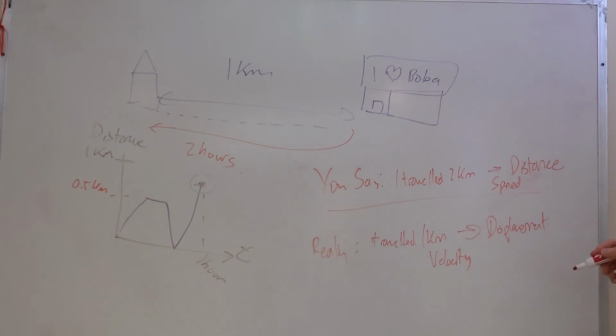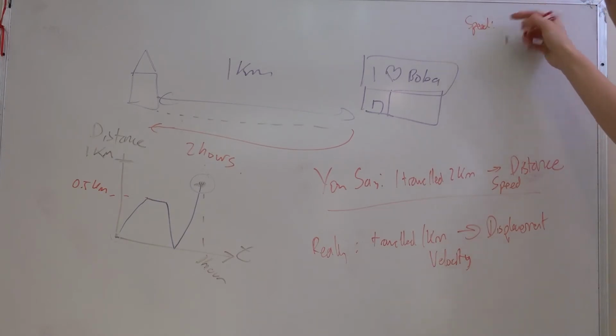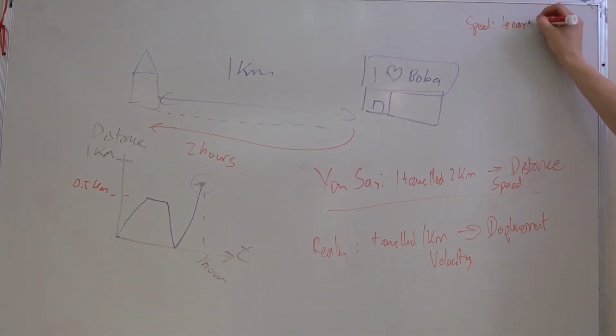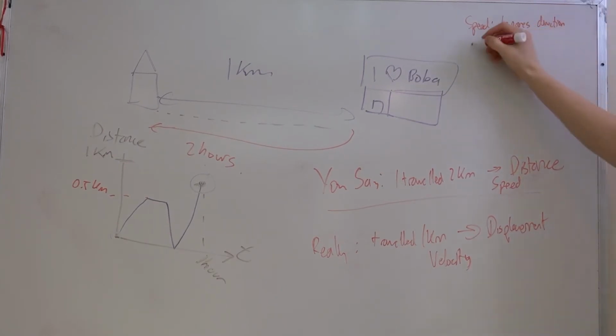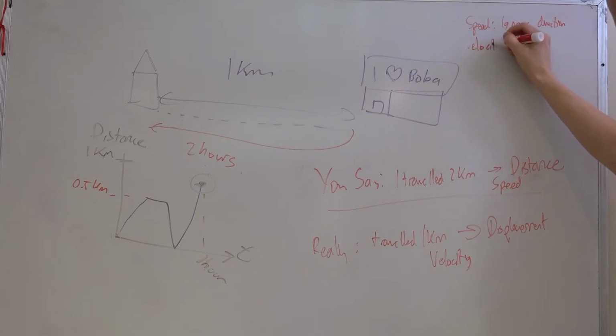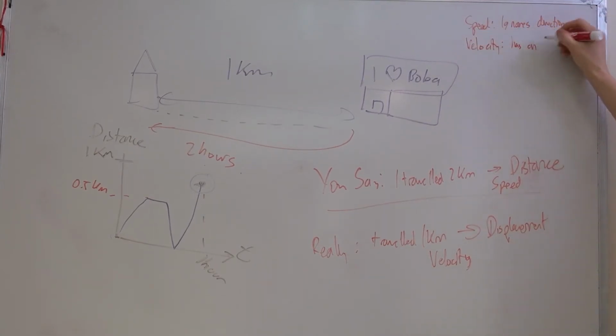Now you may be wondering, if you haven't taken physics, what's the difference between the two? Here's the difference. Speed is just concerning distance, right? Ignores direction though. Right? Velocity, here's the thing about velocity, it has an associated direction.